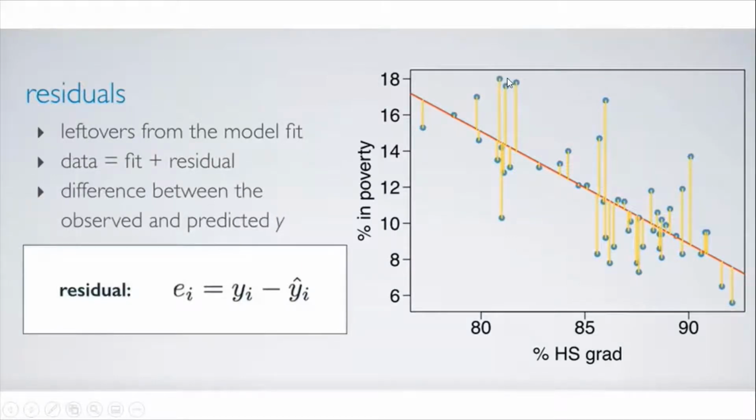We observe y, and we predict y, and the difference between the observed and predicted y is called the residual. Right at this moment, do not get confused about how to calculate the predicted y. Just remember that the difference between observed and predicted y is called a residual.